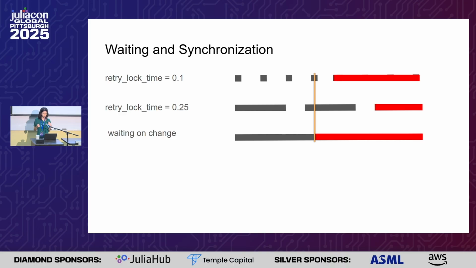But the cost of doing this is pretty high because you're running lots of querying functions. On the other hand, if the retry interval is too long, the second case over here, the entanglement would occur much later than necessary, and it'll cause some delay. So ideally, instead of checking repeatedly, we want to wait for an event and run the querying function then.